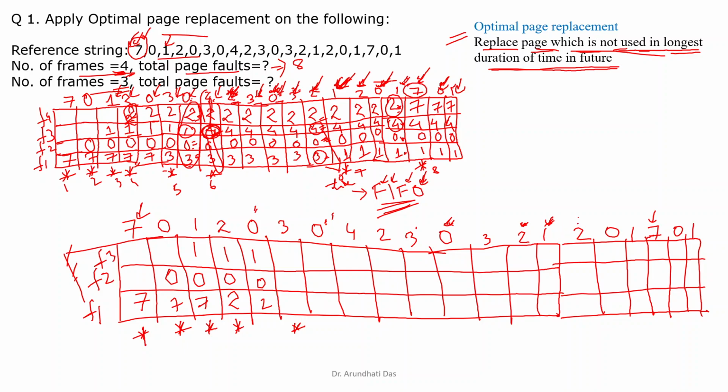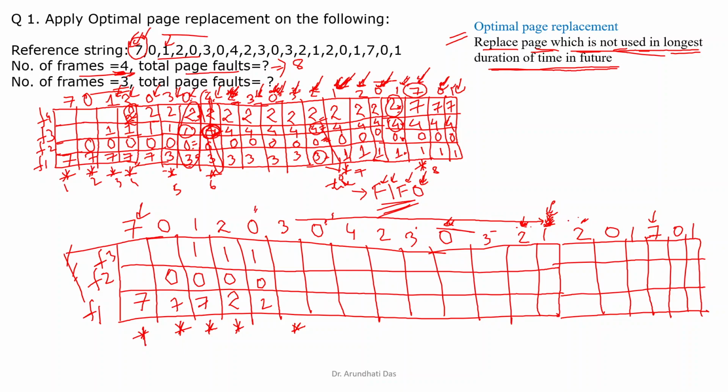Here again 2 is used, but again out of all these, 1 is the farthest one. Yes, 1 is the farthest one. Before 1 is used, 2 has been used. So 2 is requested sooner than 1, right? That's why I will be replacing 1 here.